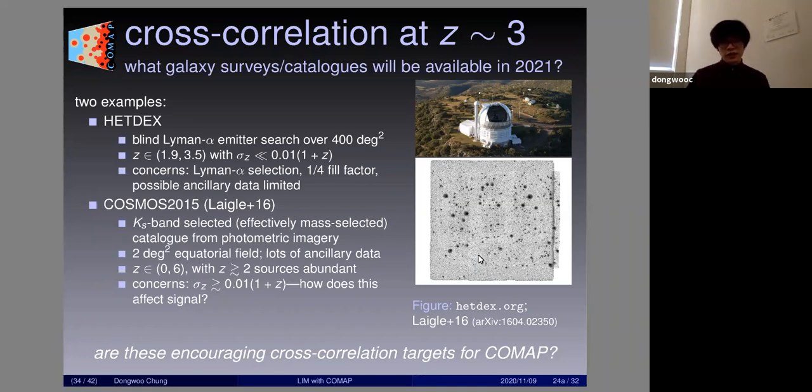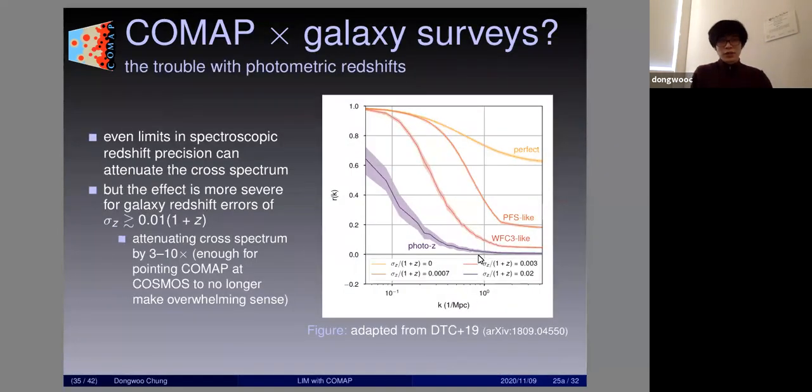And taking all that into account, we want to simulate these cross-correlations and figure out what is an encouraging target for CO map cross-correlations. So that's what I did. I went and simulated some cross-correlations against various hypothetical galaxy surveys, spectroscopic or photometric. And of course, spectrometers aren't magic.